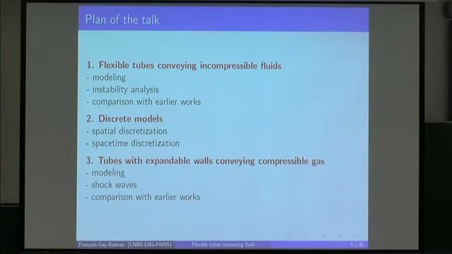Some comment on instability and comparison with earlier works. Some discrete analog of that, variational discretization that respects the geometry of the problem. And finally, go to compressible gas and expandable walls. In this case, the system admits shock waves.